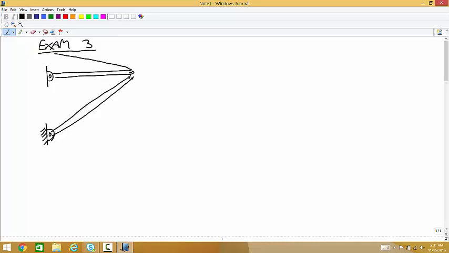There's a triangular distributed load on the top member. There's a mass hanging there. The distributed load is 6,000 newtons per meter at the highest point. And this angle is 45 degrees.